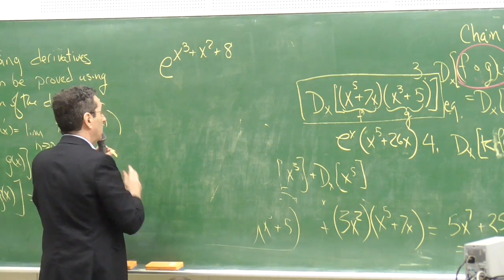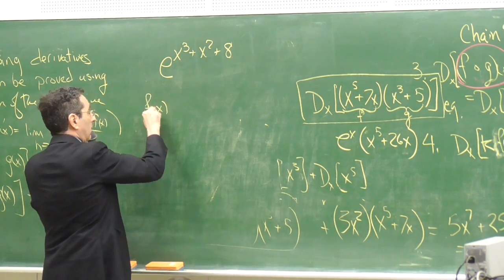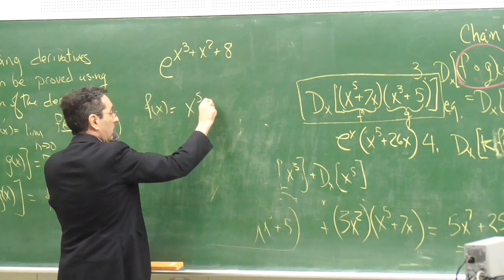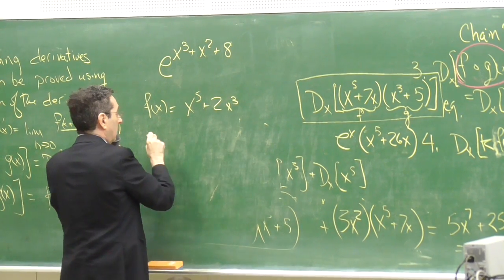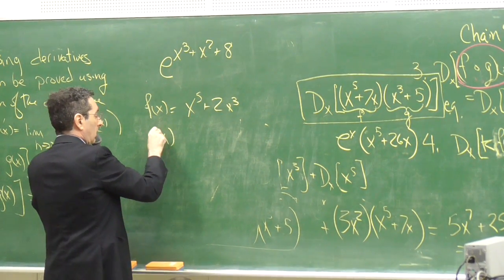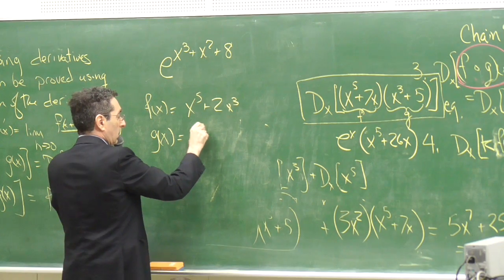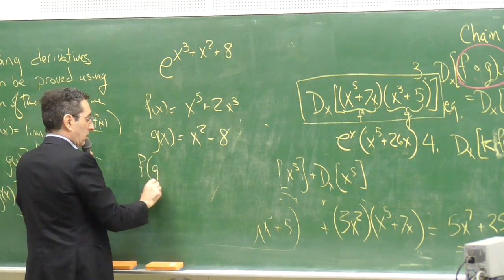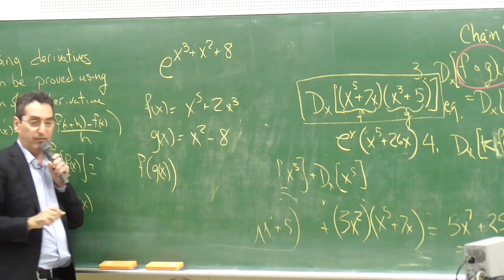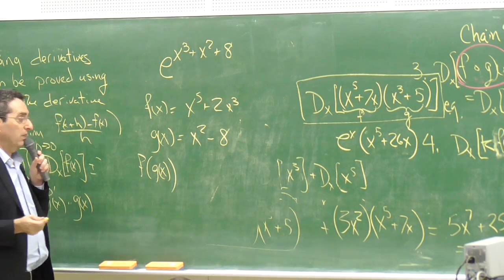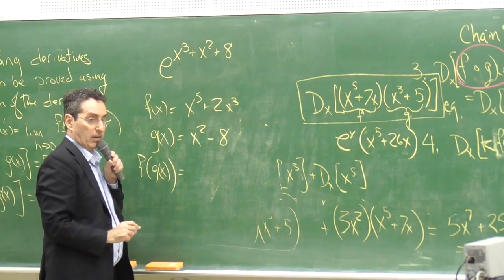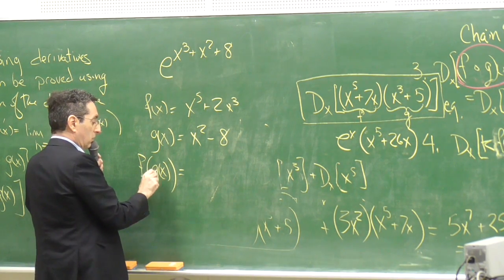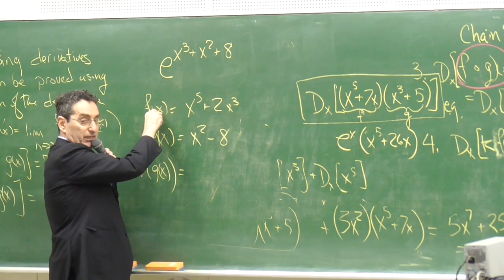Because if I give you an f equals, say, x to the 5th plus 2x cubed, and I give you a g, which is equal to x squared minus 8, and I ask you, what's f of g of x? Well, that's supposed to be easy now. So how do you do that? It means you have to put g into here, right?